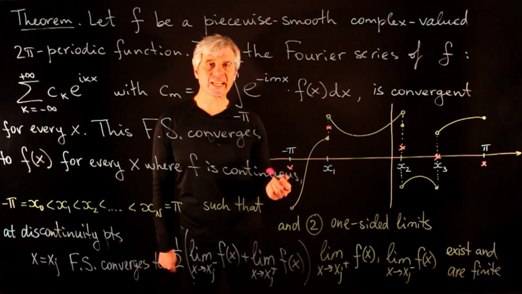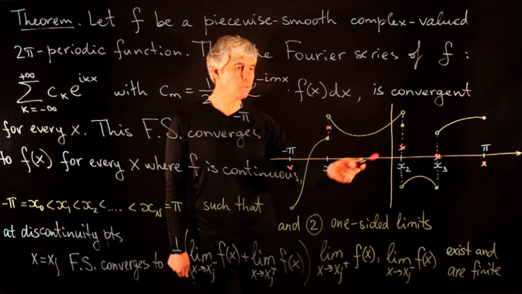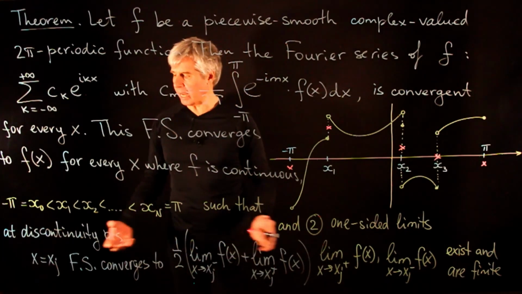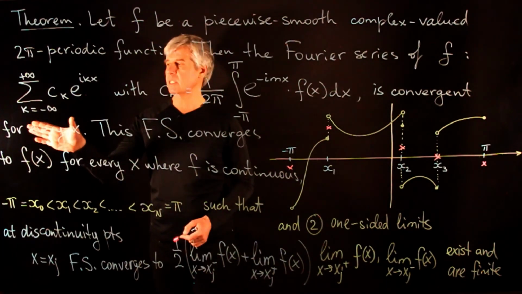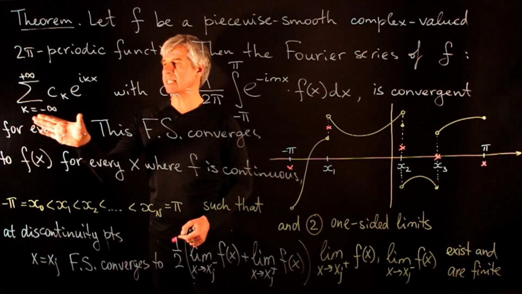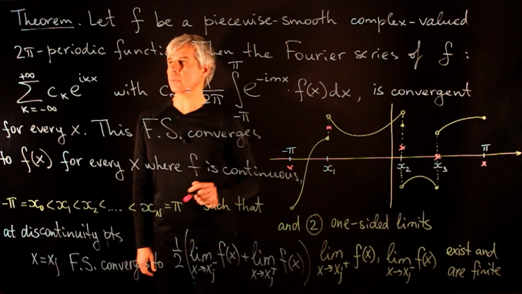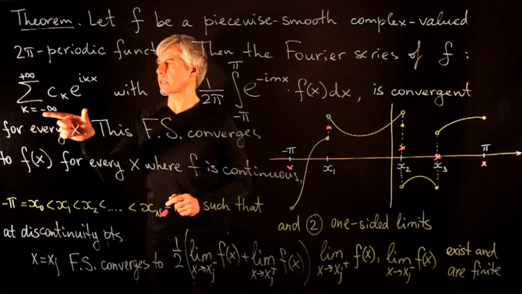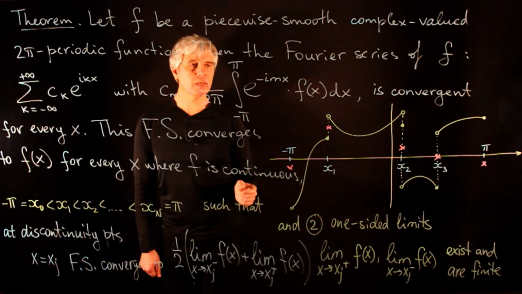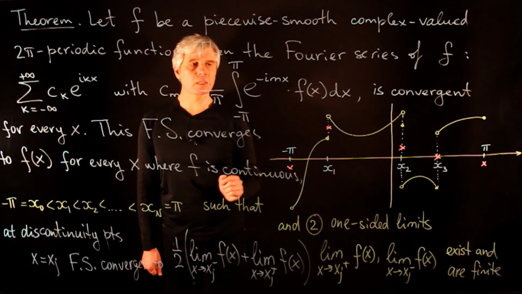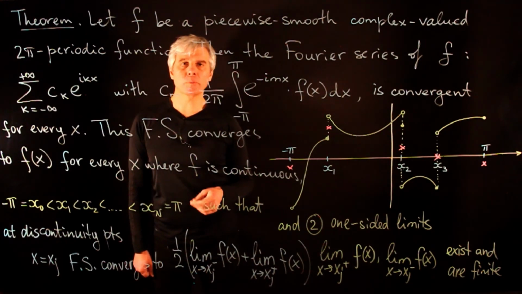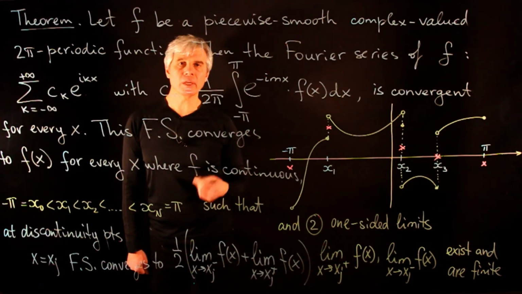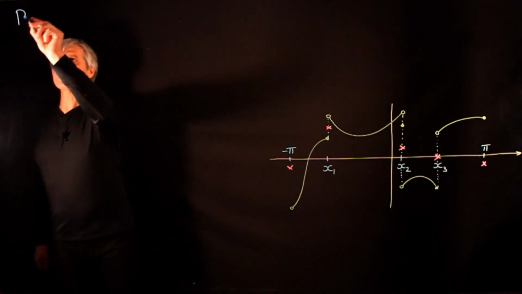So ignoring the values of the function at discontinuity points, we can recover all other values of the function from the Fourier series. And we see from this theorem that the Fourier series of a piecewise smooth 2-pi periodic function is convergent. We see that for the treatment of Fourier series, it is very convenient to use complex exponentials. If we want to be confined to a purely real situation, then we will have to use trigonometric functions instead. We have the following proposition.